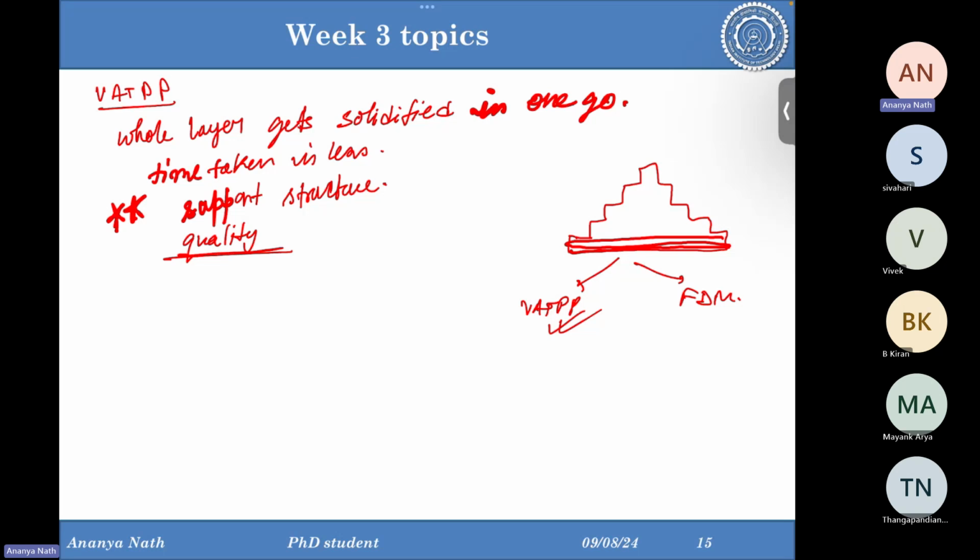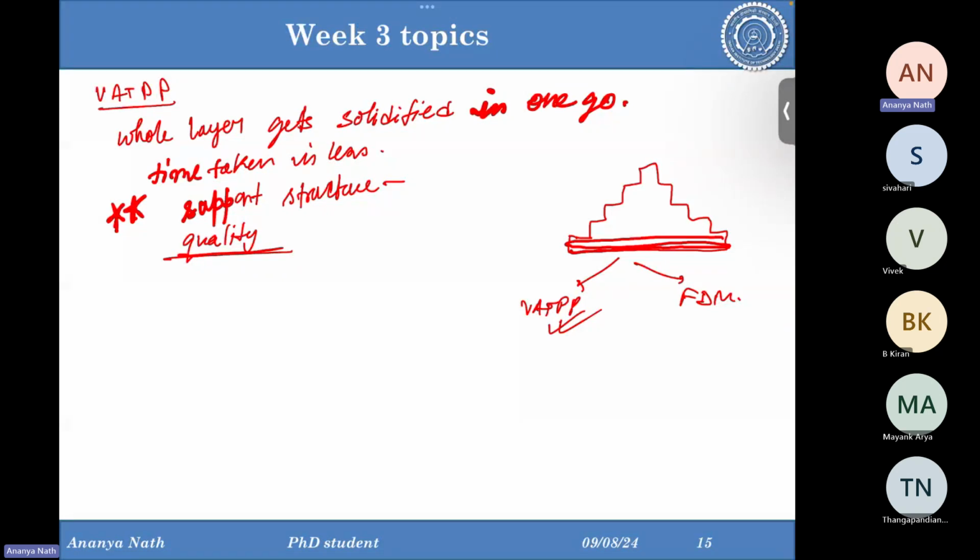Also, support structure is not needed in every single part printing. Like in wet photopolymerization, you can print easily the lattice structures without any support, because the pixels are getting activated in one go. So in one go you can cure a full layer. So that's why no such support is generally needed.